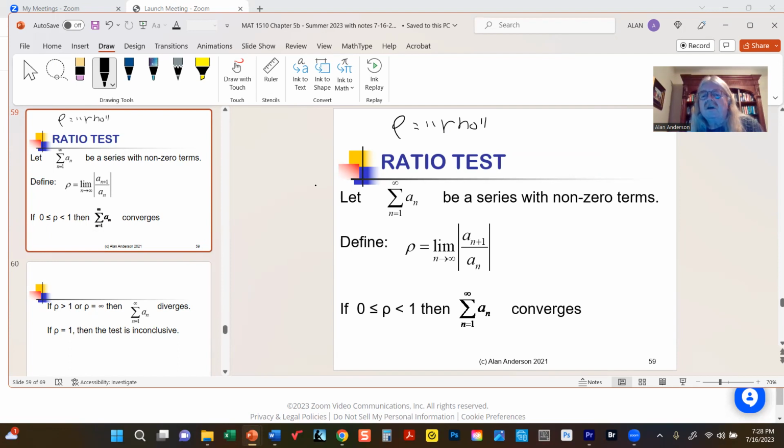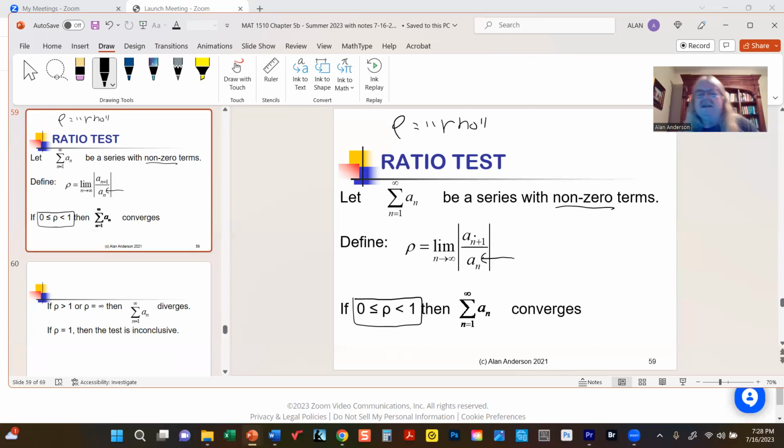Also, this doesn't work unless the terms are non-zero, because then you risk having division by 0. So in other words, we have to exclude 0, but other than that, this works for all other values. So here's the range of possible values within which this infinite series converges.